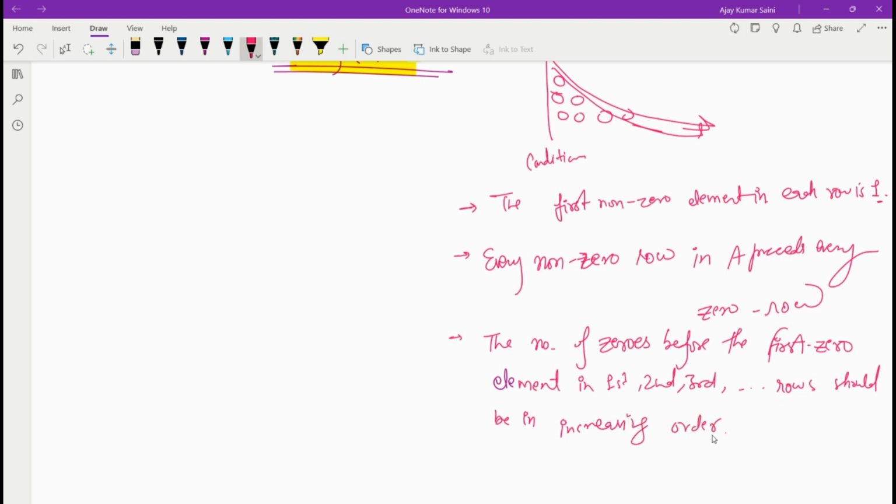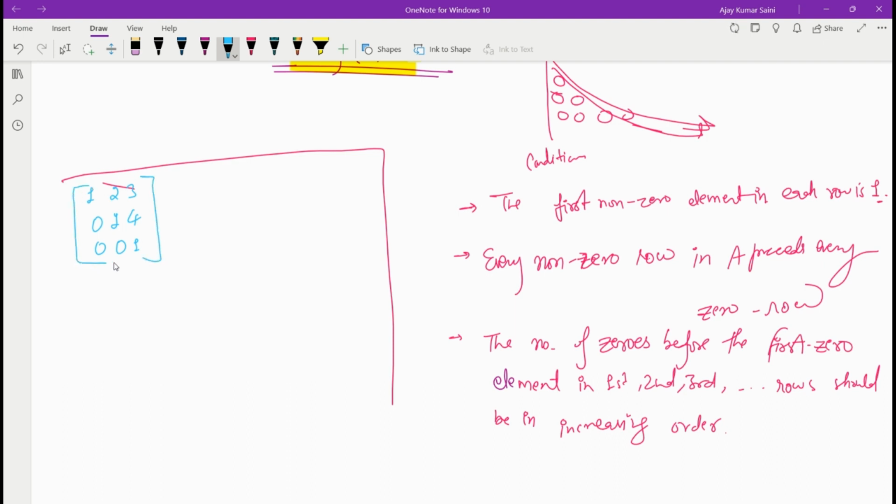Now I give some examples here. After seeing this you will be able to understand. See here, there is a matrix 1 2 3, 0 1 4, and 0 0 1.